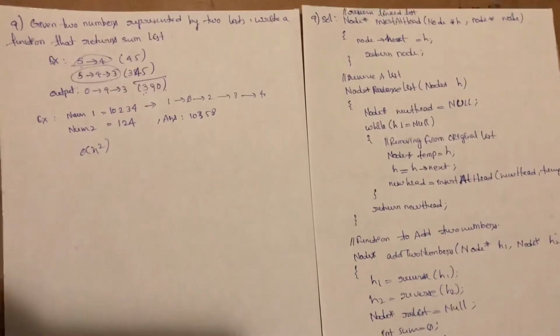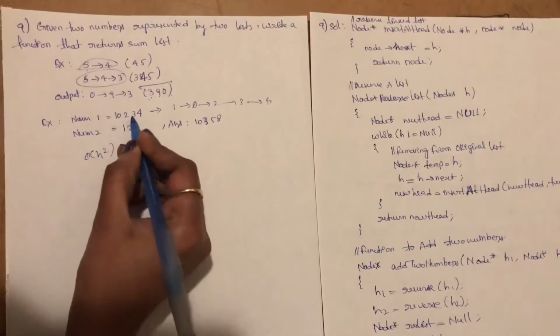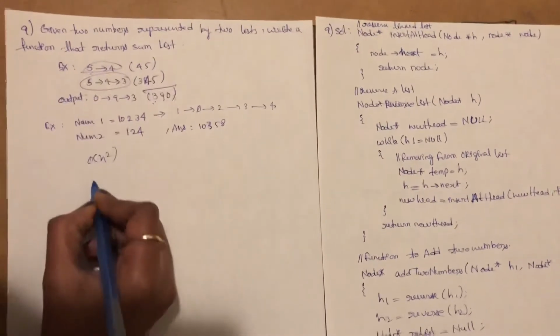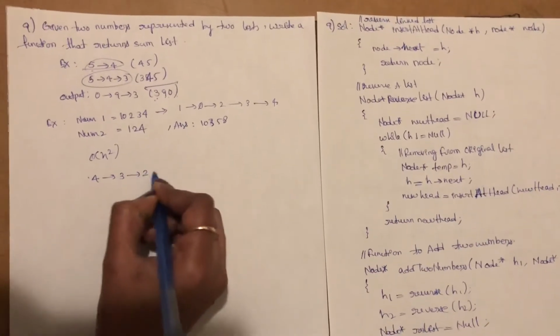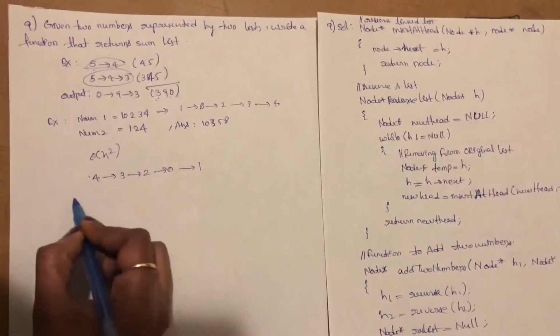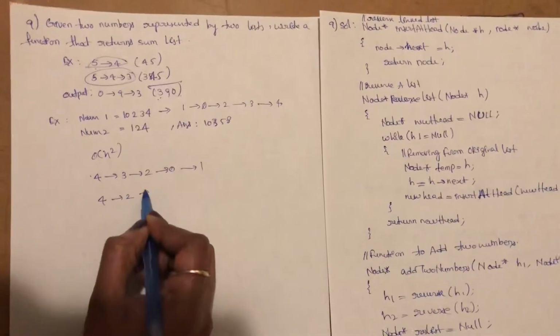What does that mean? If we see, we are given the number 12034. We are going to reverse it first, like 4 3 0 2 1. Then the second number we also reverse, 4 2 1.